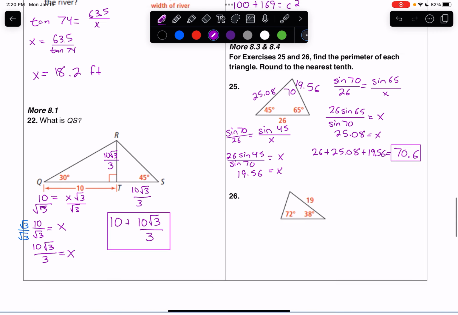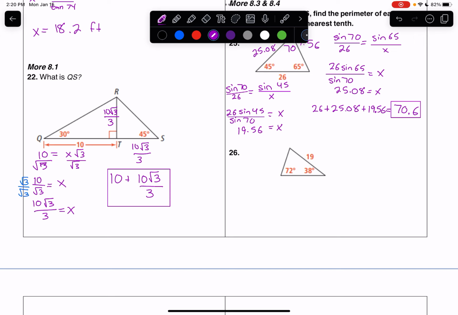Another perimeter problem here with 26. To find the perimeter for this one, we can do the same process. So if we do the same process, the third angle is 70 degrees again. We'll use the angle side pair we know to solve for both sides. So the sine of 72 over 19 is equal to the sine of 70 over x. And also, the sine of 72 over 19 is equal to the sine of 38 over its opposite side, x.